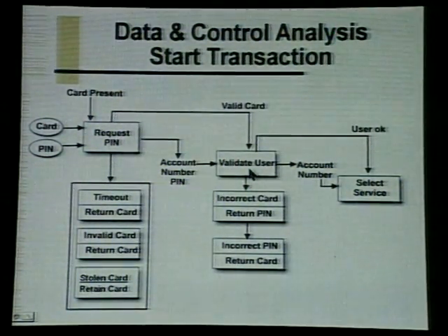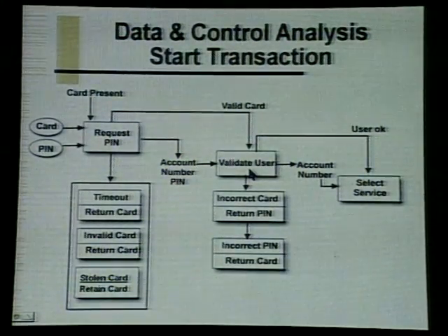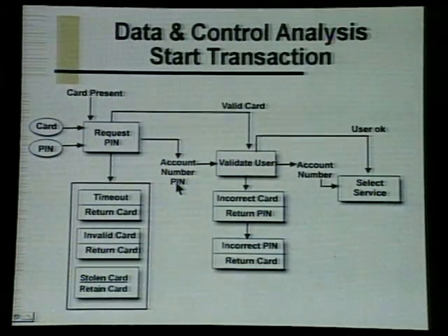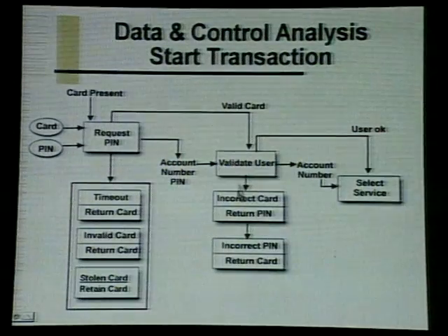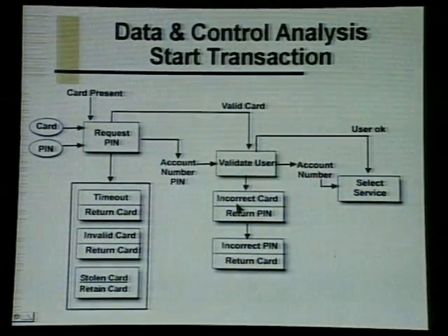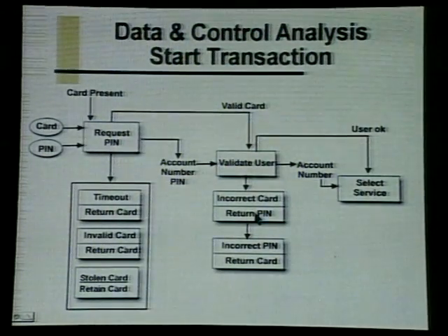At that state, the system should validate the user by making sure the user has the correct card and has entered the right PIN. Again, at this stage, if the system sees that the card is incorrect or the PIN number is not correct, then the card is returned to the customer.